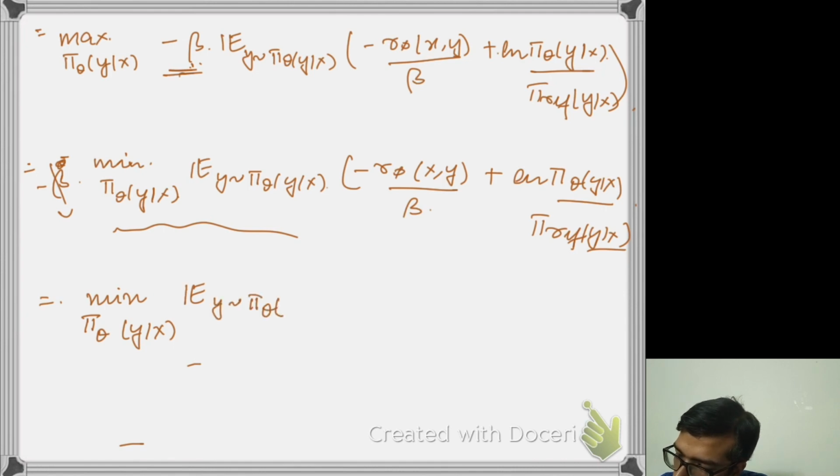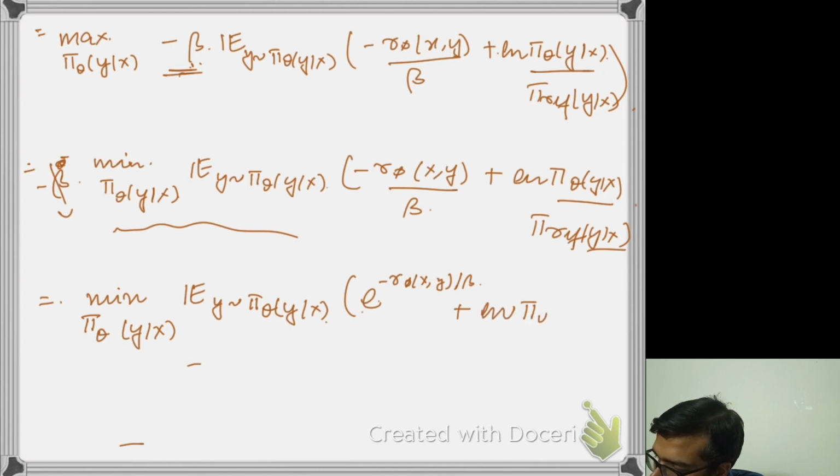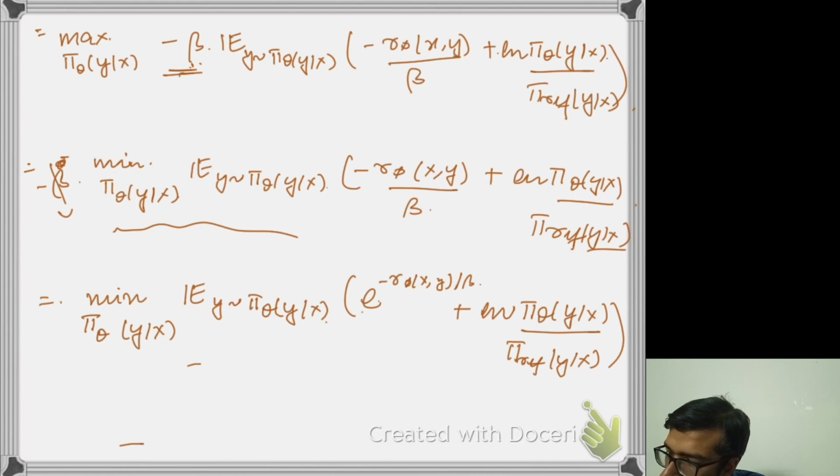write it as minimization of pi theta y given x, expectation of y coming from the distribution pi theta y given x. Okay, and here I have exponential of minus r phi xy over beta plus log of pi theta y given x over pi ref y given x.